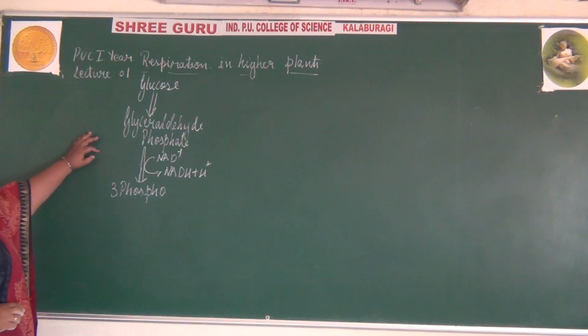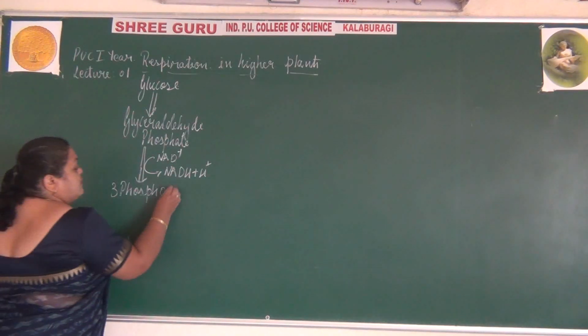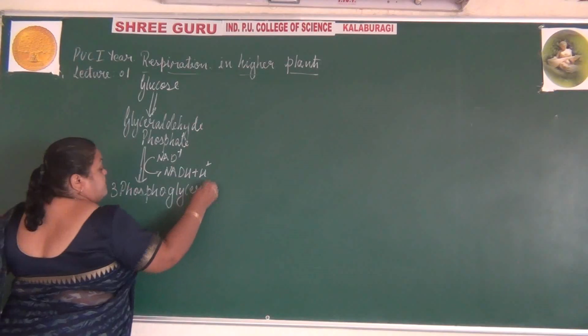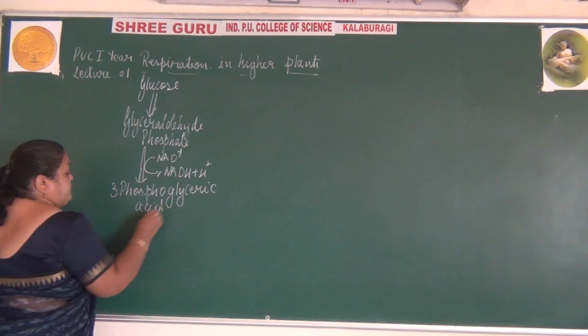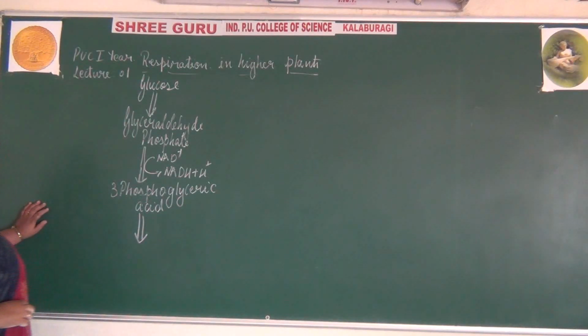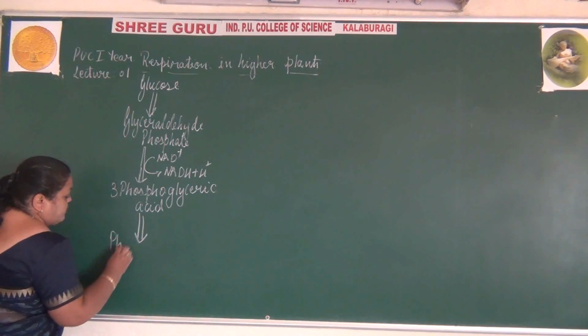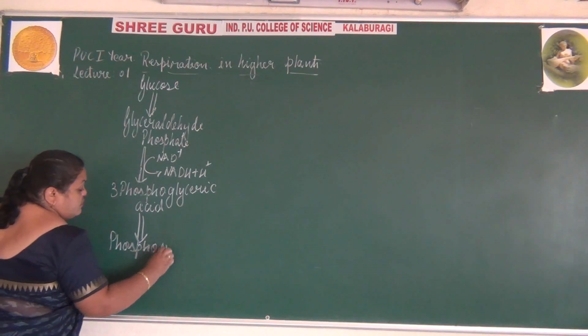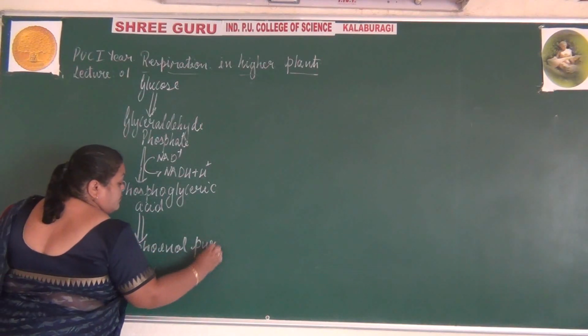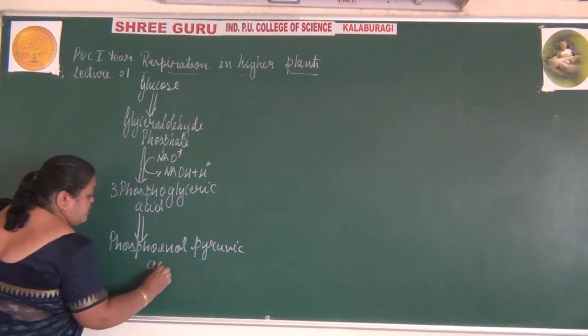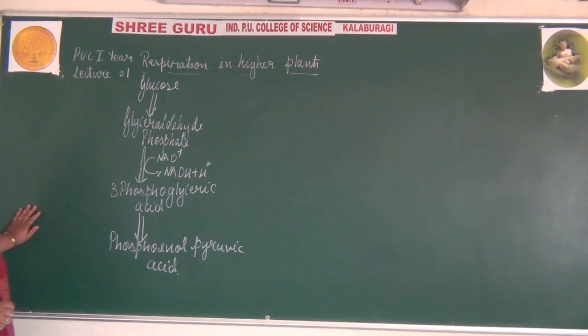First glucose is converted into glyceraldehyde, then the glyceraldehyde phosphate, when it reacts with NADH, forms 3-phosphoglyceric acid, which again gets converted into phosphoenol pyruvic acid.